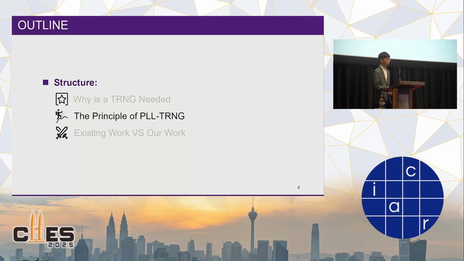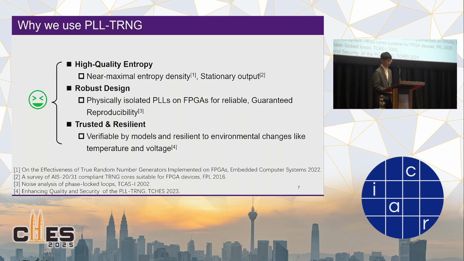So next, let's quickly walk through the main subject of today's presentation, the PLL TRNG. Among various designs, the phase lock loop TRNG, which is the PLL TRNG, is a very excellent component. First, it delivers high-quality entropy.